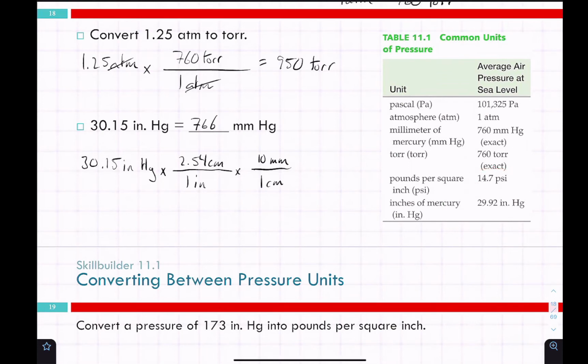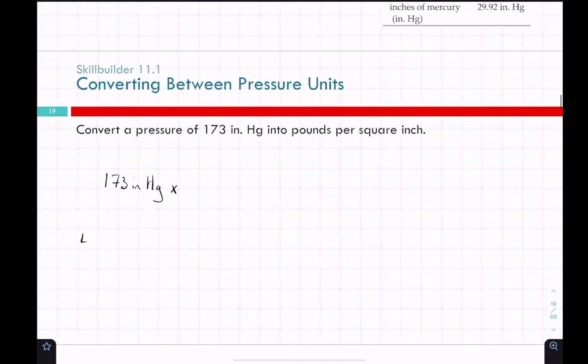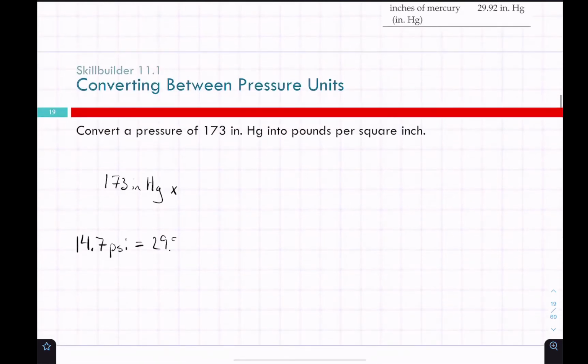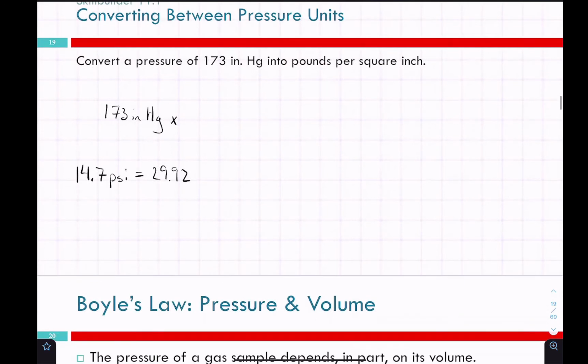And both of those numbers are representing the atmospheric pressure at sea level. So we can say 14.7 psi is equal to 29.92 inches of mercury.